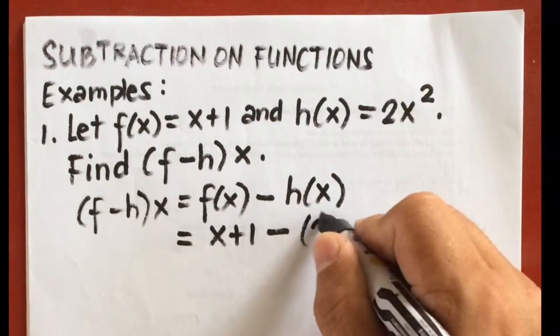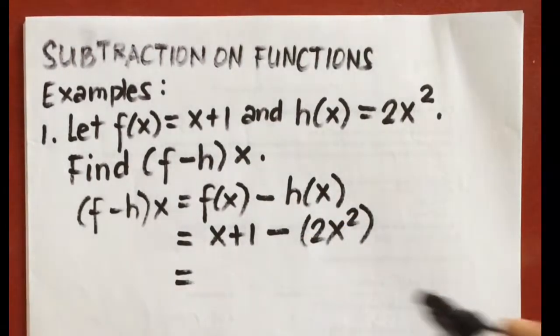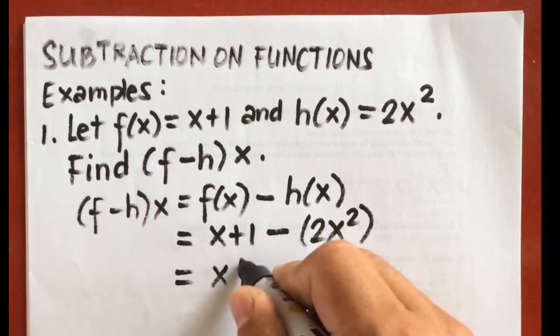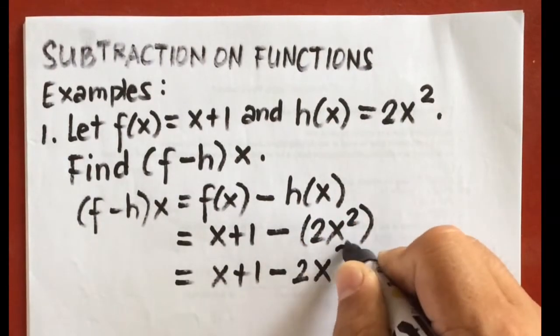So you're subtracting, so you're going to have x plus 1, then minus 2x squared.